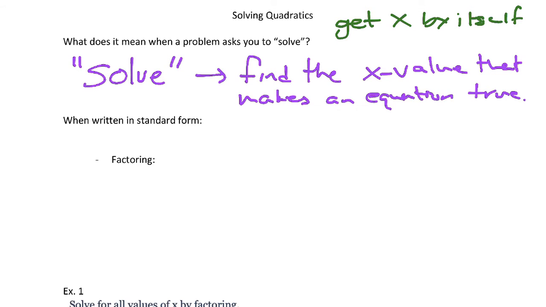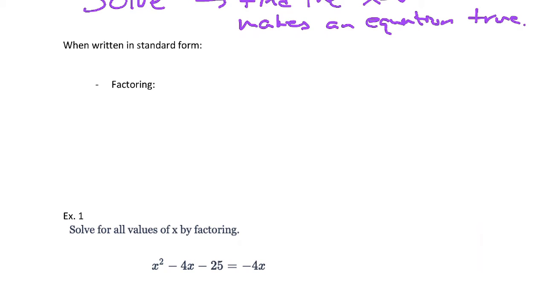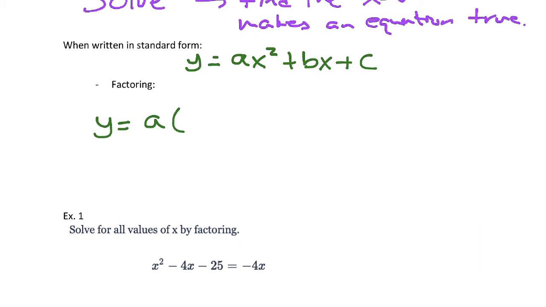So when a function is written in standard form, and remember, a parabola written in standard form would be ax squared plus bx plus c. To get it into factored form, that's a form that would look like this.